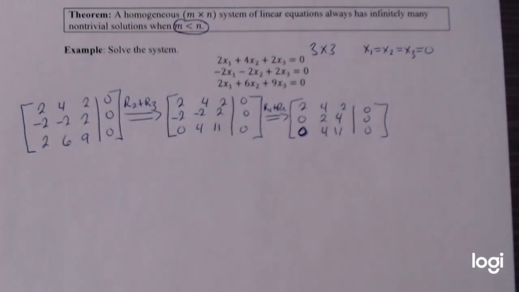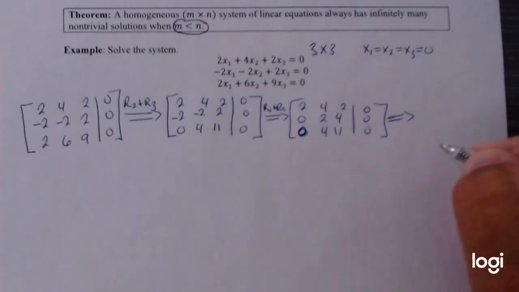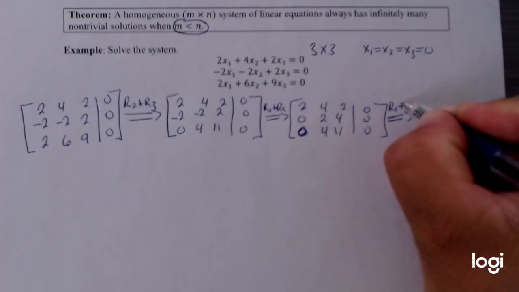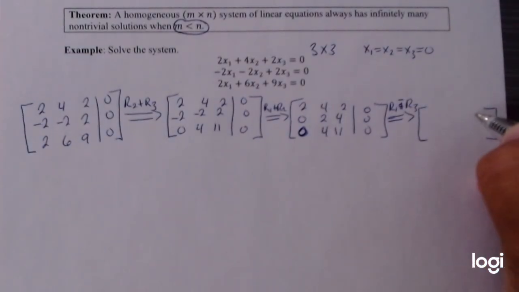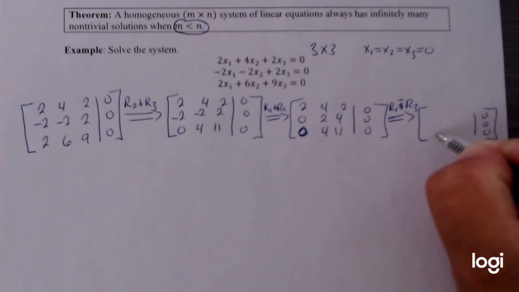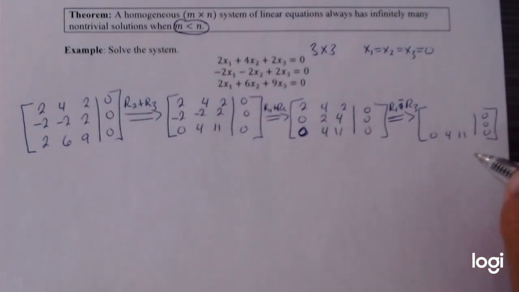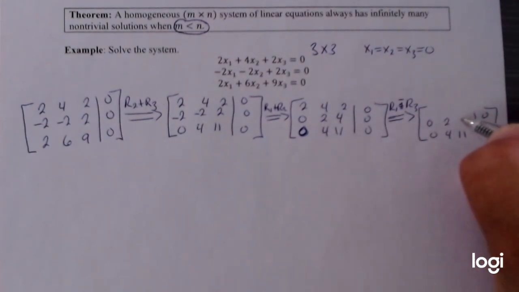Alright. So it looks like I can get these out of the way, so I'll put row 1 minus row 3. And then I'll keep this the same.